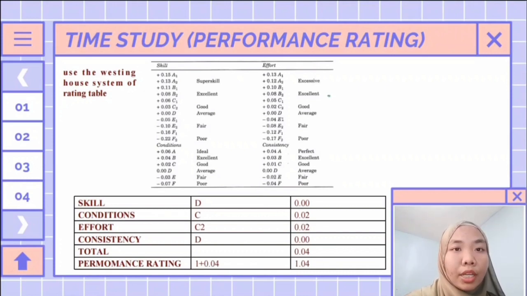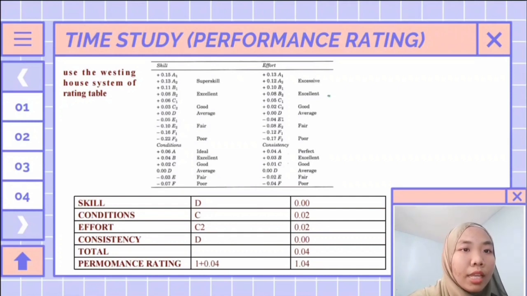My metric number AP190032. Today, I want to explain about time study. So, basically from the slide, we can see the Westinghouse system of rating table. To calculate the performance rating, we use the Westinghouse system of rating table for 4 factors: skill, conditions, effort, and consistency.